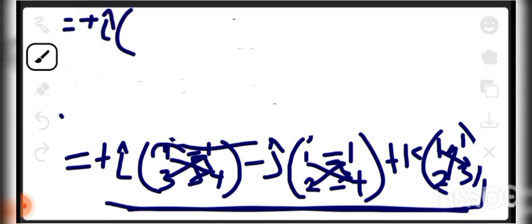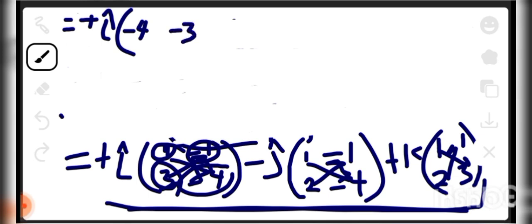Let's do 1 times minus 4. We have minus 4 there. So 1 times minus 4 is minus 4. Then 3 times minus 1, we'll have minus 3. Then close the bracket.